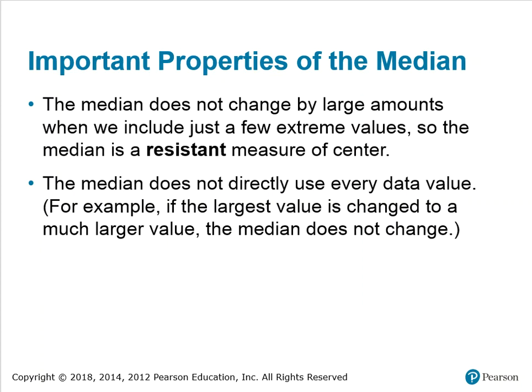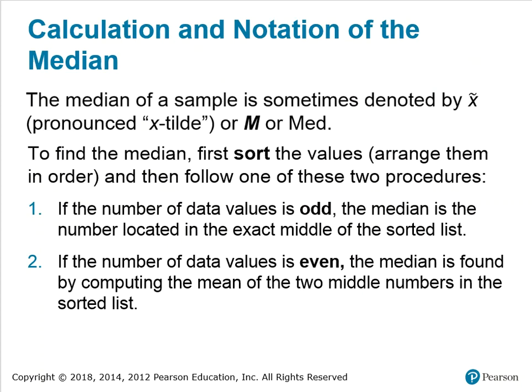So those extreme values, which tend to be on the edges, are not affecting the median. The notation for the median, I'm going to use the capital M here. You will sometimes see MED, and very rarely have I ever seen the x tilde.